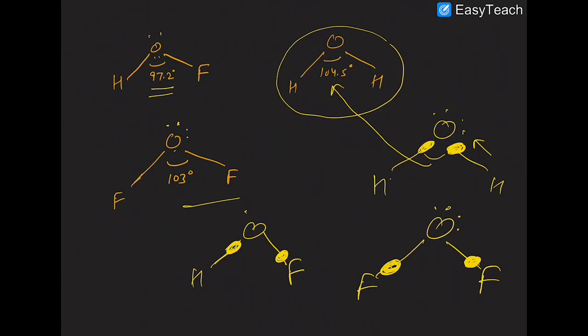So there is more lone pair bond pair repulsion here. So here the bond angle is 97.2. Remember that in HOF, the bond angle is 97.2. In water, the bond angle is 104.5. And in case of OF2, the bond angle is 103.